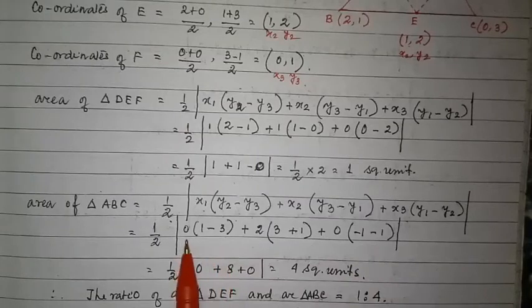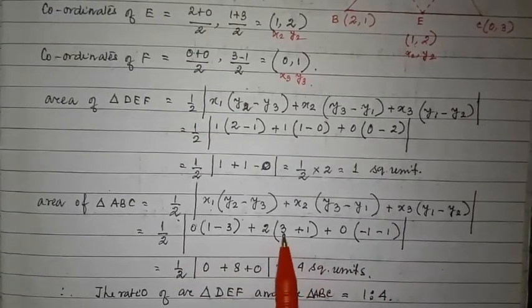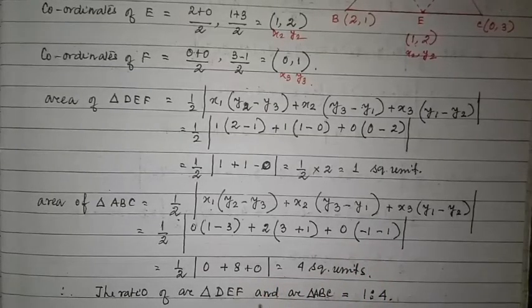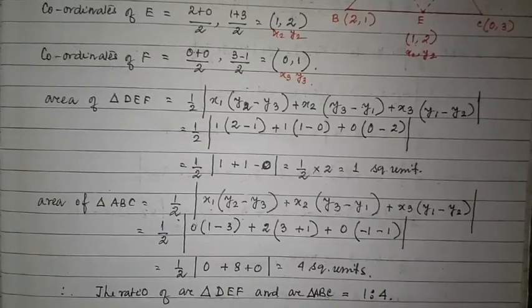So by this we will get 0, then 2 into 4 is 8, and again 0. Now 8 by 2, that is 4 square units. So area of the triangle ABC is equal to 4 square units. Now the ratio of area of triangle DEF to area of triangle ABC is equal to 1:4.